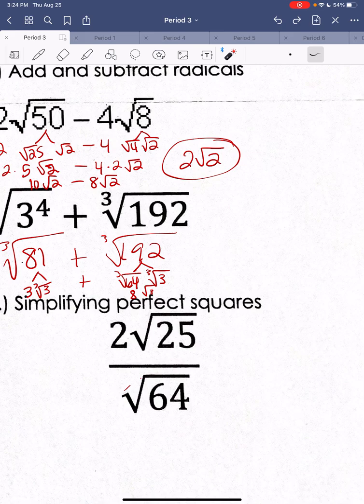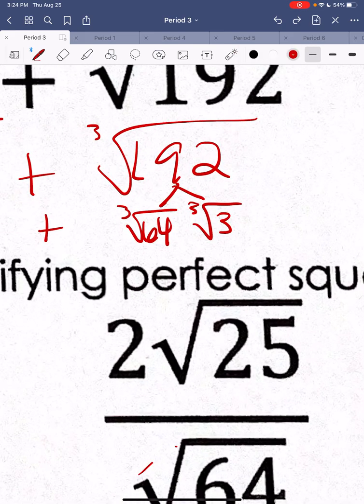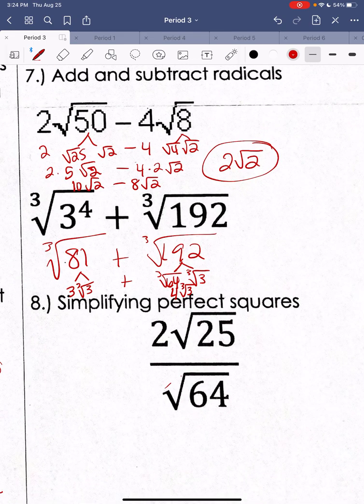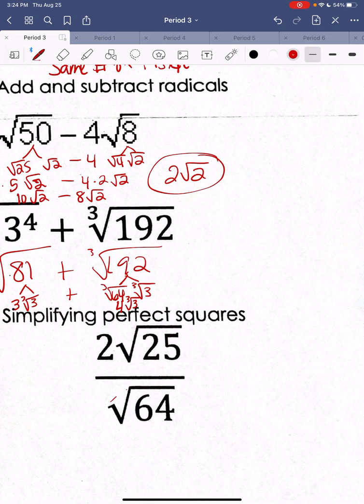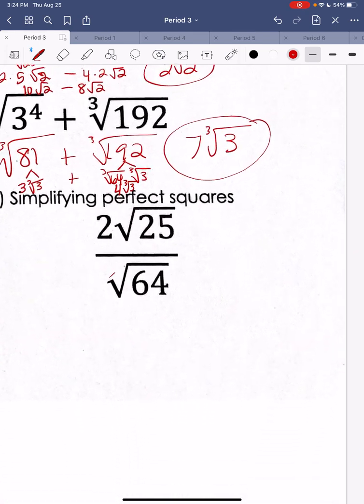Oops. Sorry. The cube root of 64, the number that you multiply by itself 3 times to get to 64, is 4. Now we can add those numbers in the front. So 3 plus 4 makes 7 cube roots of 3. And that's how we would write our answer.